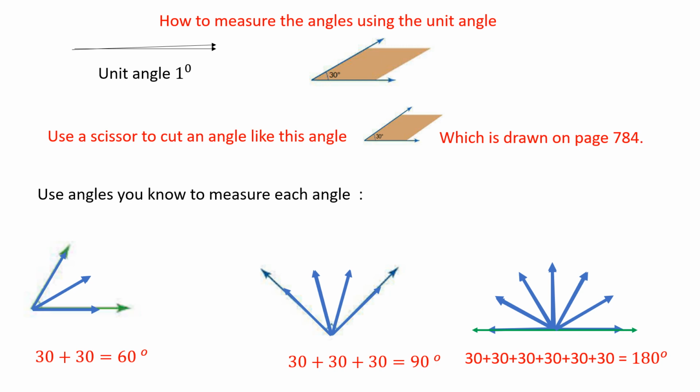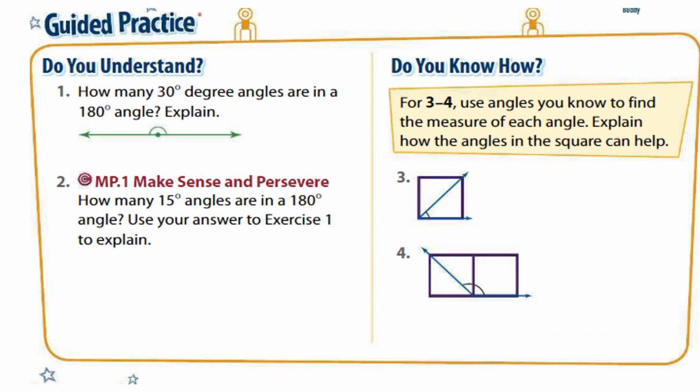Okay. Let's take one more example, or let's solve the questions in the book. For question number one, it asks how many 30 degree angles are in a 180 degree angle. If there is an angle of 180 degrees, how many angles of 30 degrees can you put in it? That's the meaning of the question. What will I do now? Let's use the angle 30 that you cut before, to see how many angles of 30 degrees you can put in this angle.